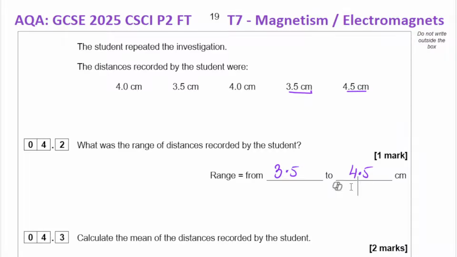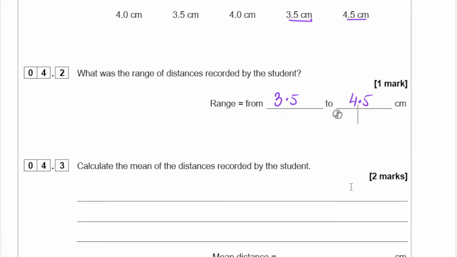Calculate the mean of the distance recorded by the student. Now, how do you calculate the mean? You will have to add up all of those values. You have 5 different values. So 4 plus 3.5 plus 4 plus 3.5 plus 4.5. You'll have to add all of them up, and you've got 1, 2, 3, 4, 5 values, so you'll have to divide it by 5.